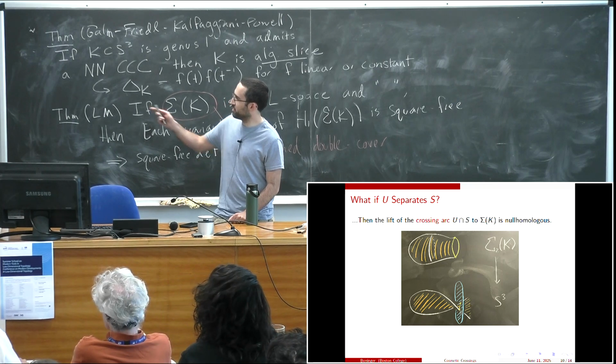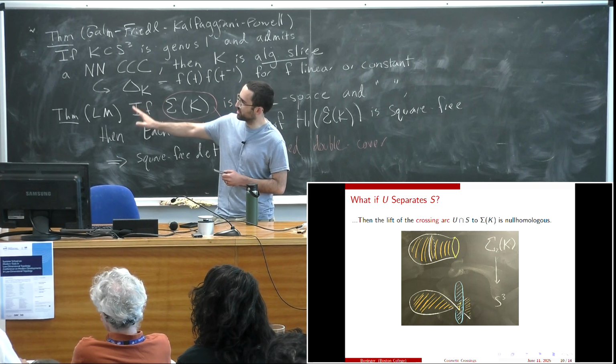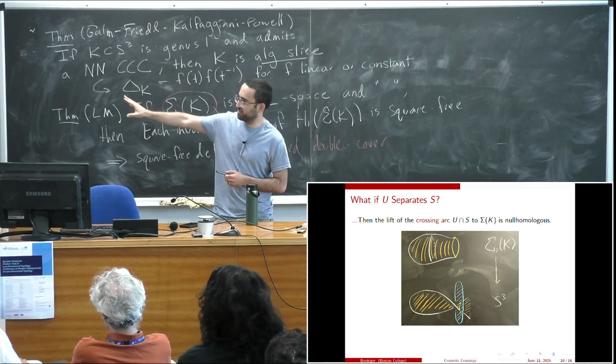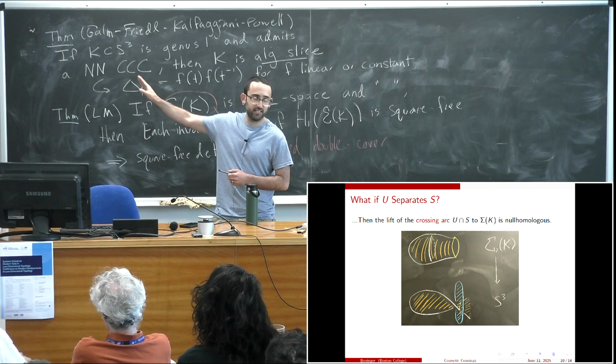Well, if it separates the surface, then it lifts. We can think about the lift of this crossing arc to the branched double cover. And this cut-off chunk of the surface gives us a null homology for this lift.